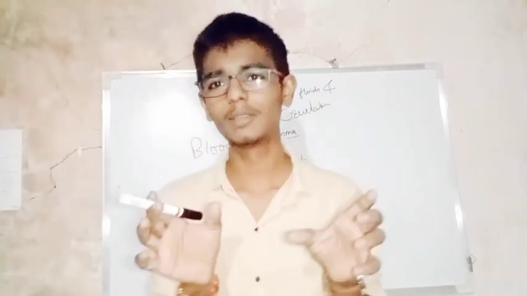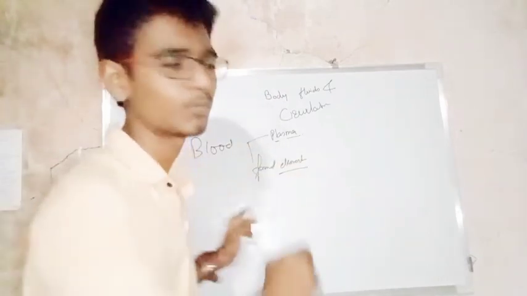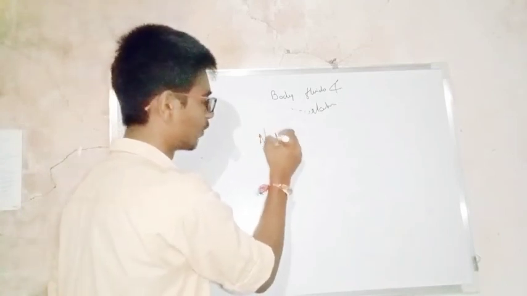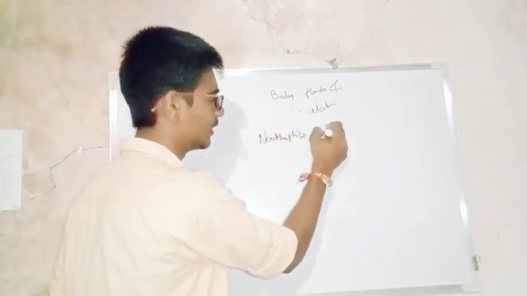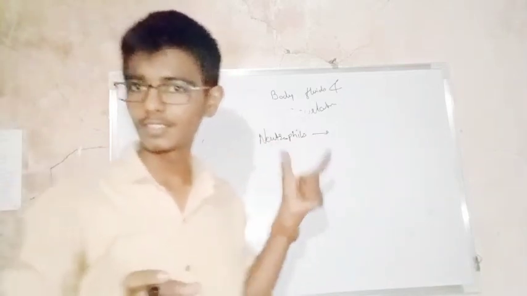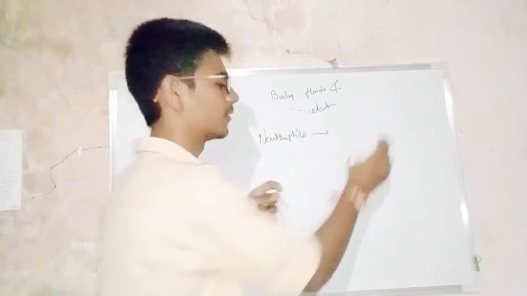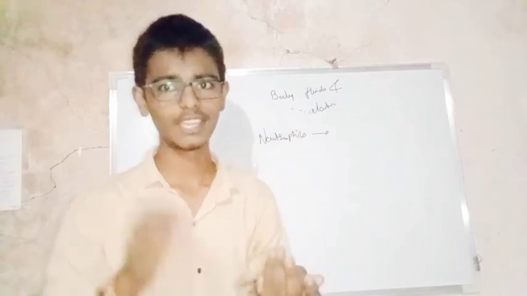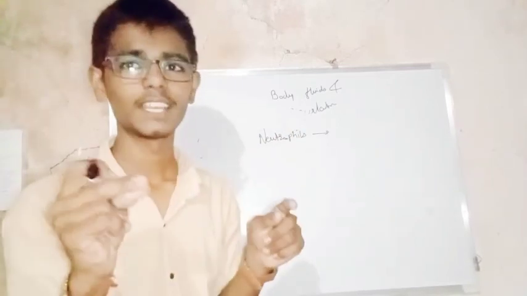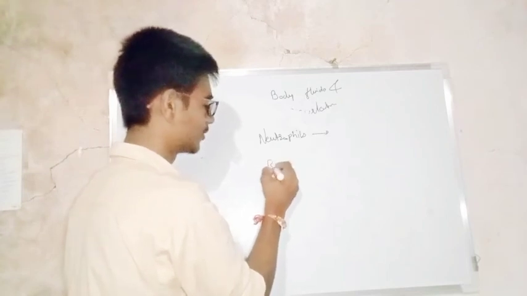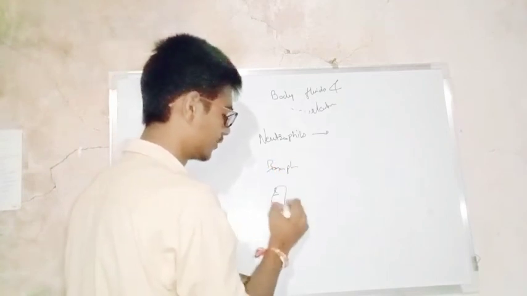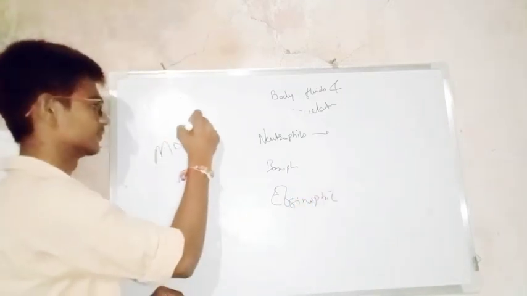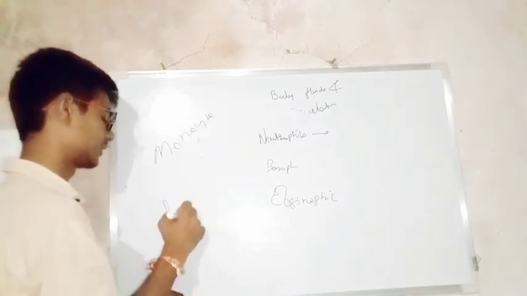Basically you have to remember their shapes, so it's important to draw them here. I am going to tell you how to remember this. We can't keep all of it in mind and get confused about which shape looks like what. So I will draw neutrophils, then basophils, then eosinophil, then monocyte, and then lymphocyte.